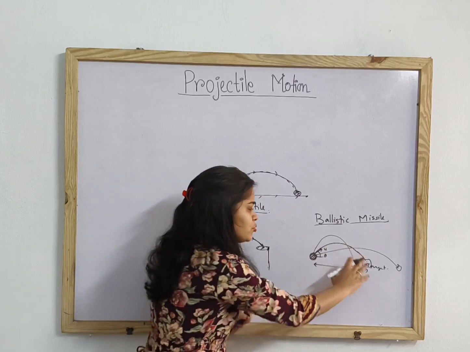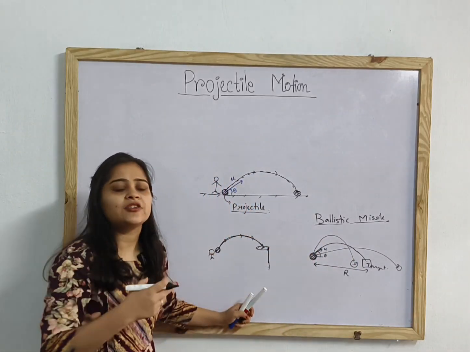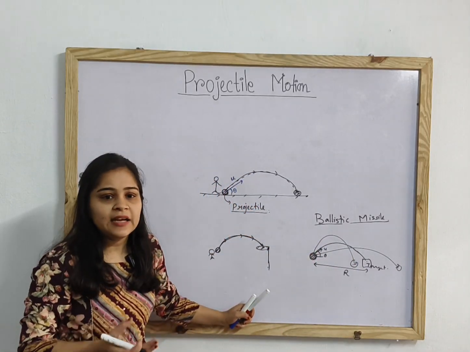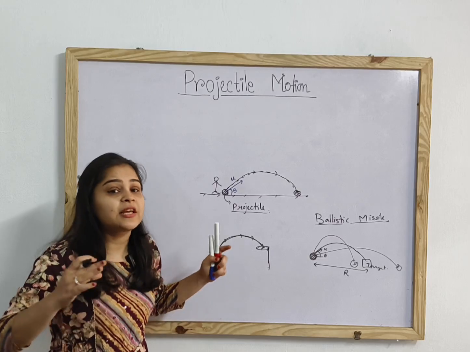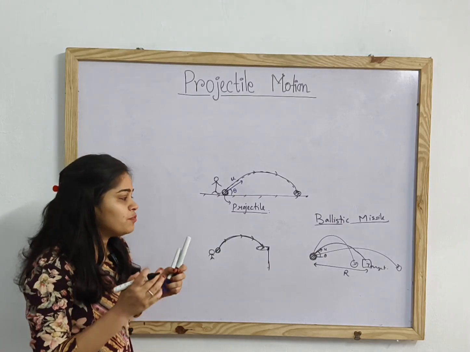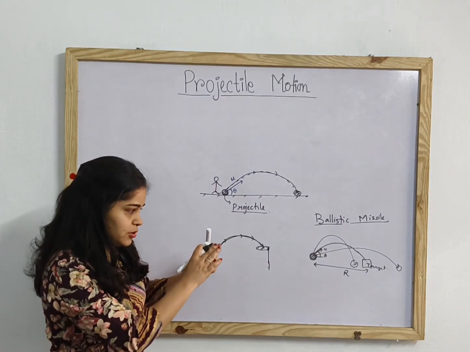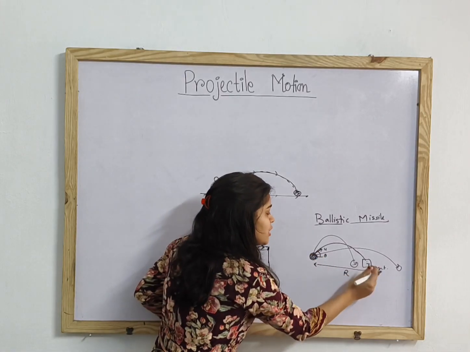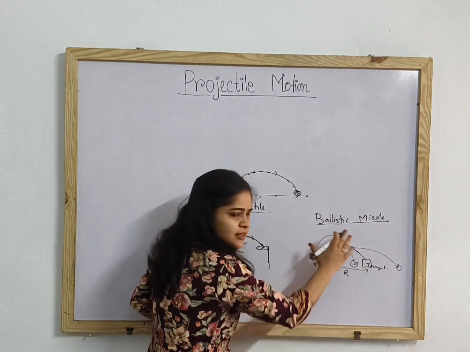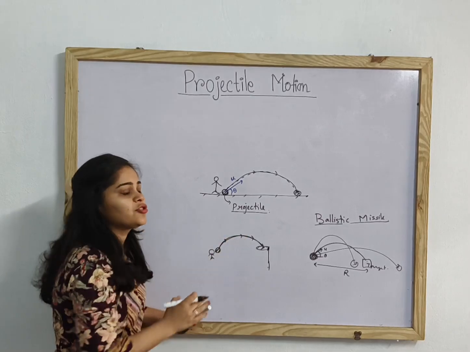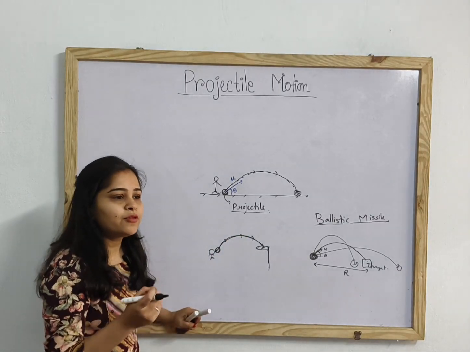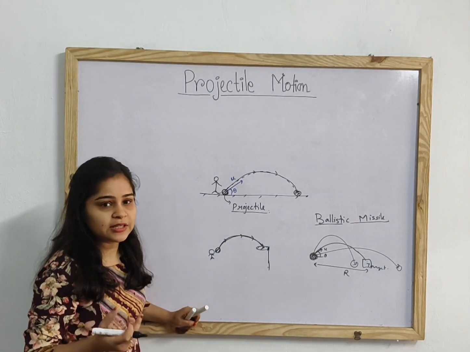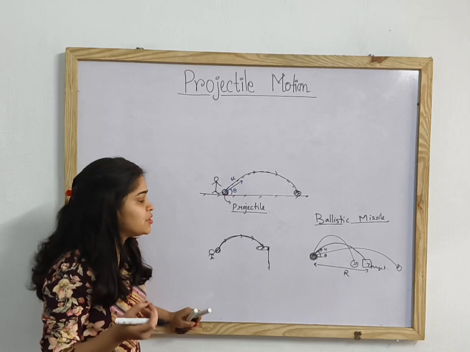To know how missiles are handled and how these types of missions are completed, they obviously have to know the distance of the target and everything. For this we require some formulas.